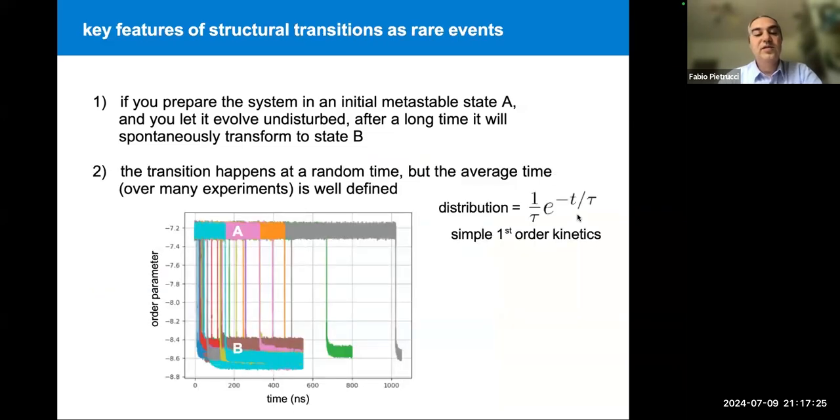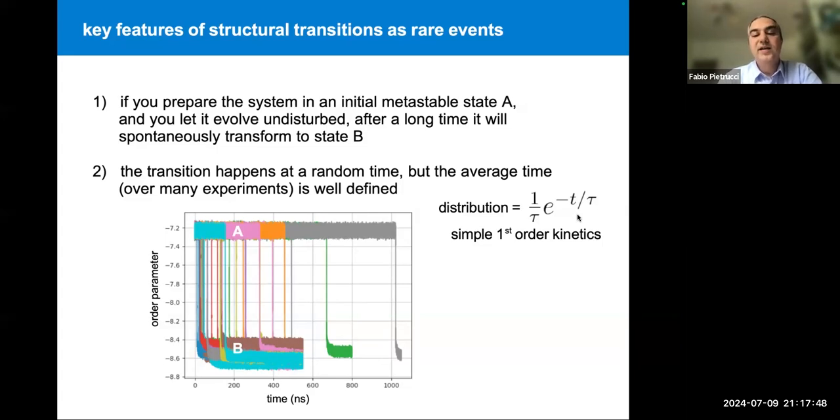Then if we go a bit more into details, what we see is that the transition seems to happen at a random time. Now imagine repeating the experiment many times. Well, this graph is a simulation, but it's the same idea. If you repeat the experiment many times, you realize that the transition again happens at a random time, but it's not completely, how to say, undefined.